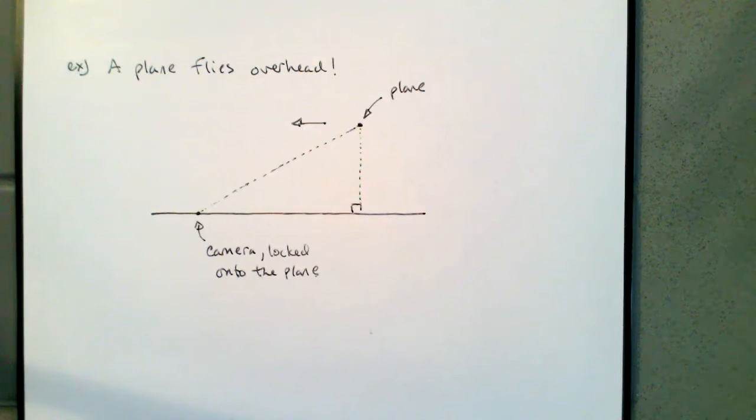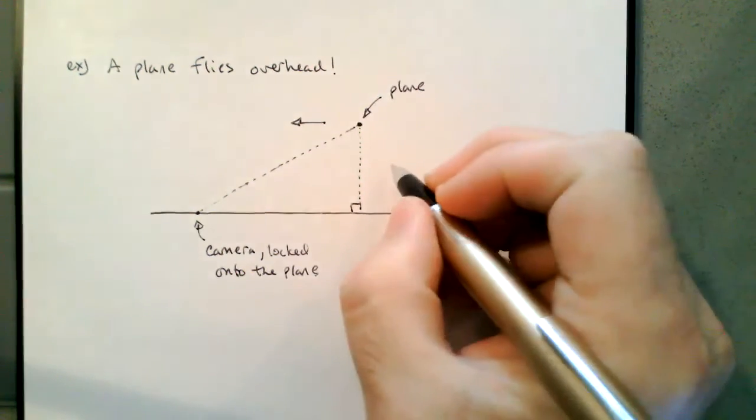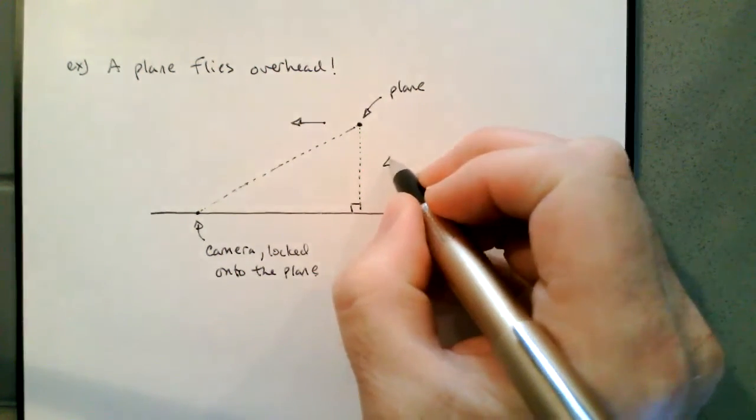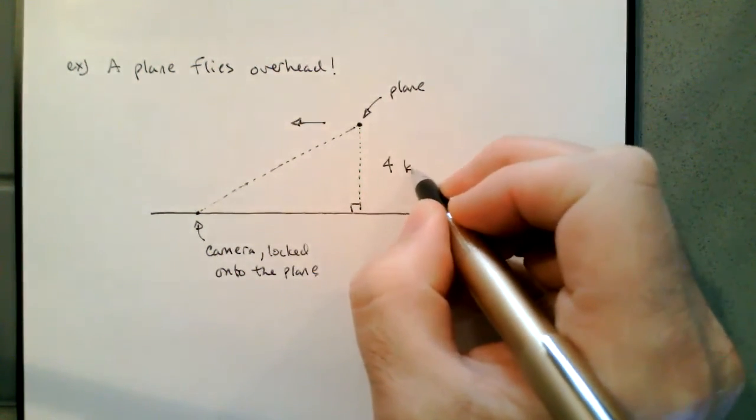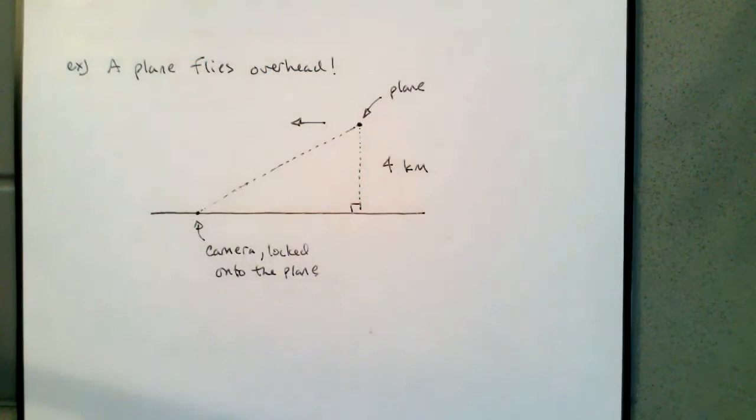So let's suppose that the plane is flying at a fixed height of, let's say, 4. Let's go with kilometers. So we've got this plane flying at a constant altitude of 4 kilometers, and a camera rotating with the plane. Here are the things that are going to be changing.